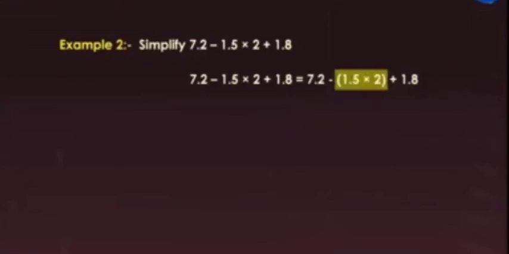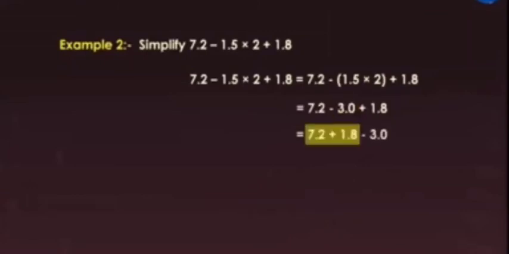Now children, multiplication comes before addition and subtraction as usual. Let us see one more example. Simplify 7.2 minus 1.5 into 2 plus 1.8. First, multiply 1.5 into 2, which is 3.0. Then add 7.2 plus 1.8, which is 9.0.